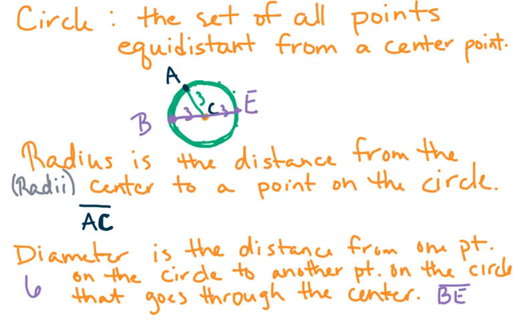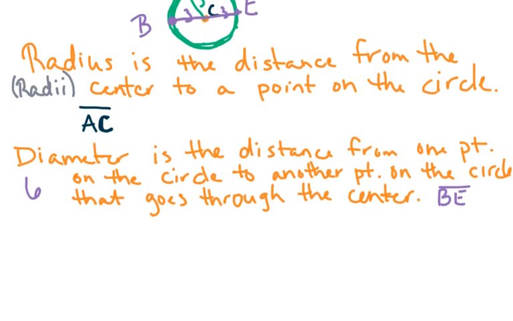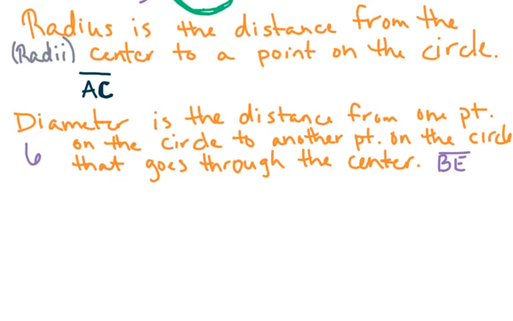So you should remember from your previous math experience that the diameter is always 2 times the length of the radius. So let's write that down. The diameter is always 2 times the radius.